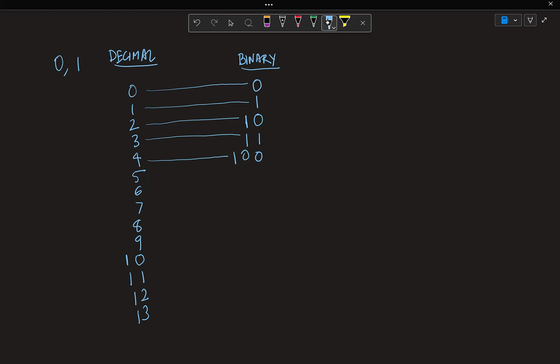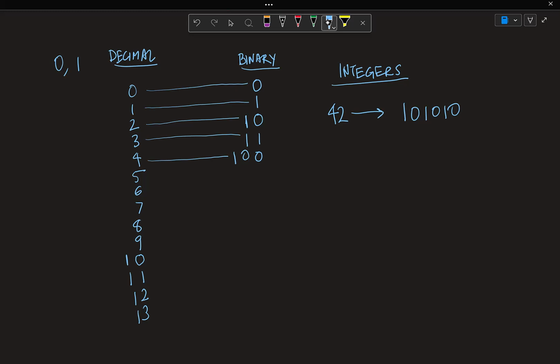Now, what this means is, for things like integers, you can store numbers in memory as just a string of zeros and ones. For example, the number 42 will have the representation 101010.